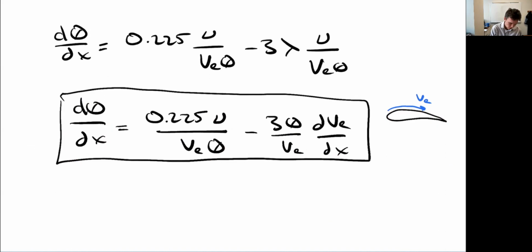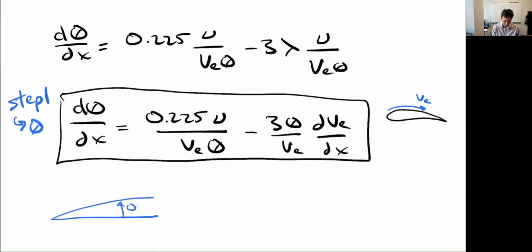So in our process, we're going to call this step 1, and step 1 is going to give us theta. At the end of this step, once we plug in this ODE, we're going to get theta, this momentum thickness, as a function of x. So we can now plot this.